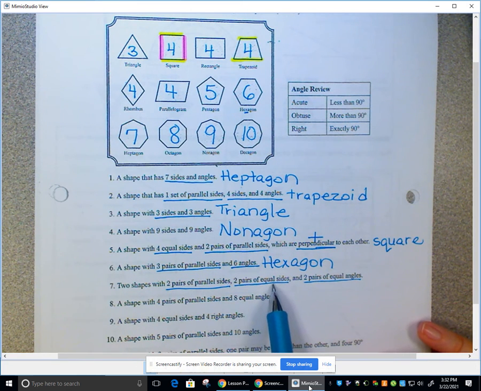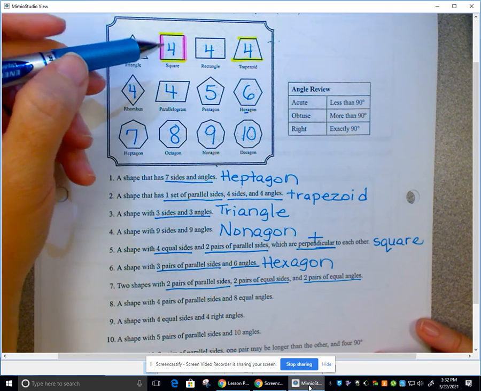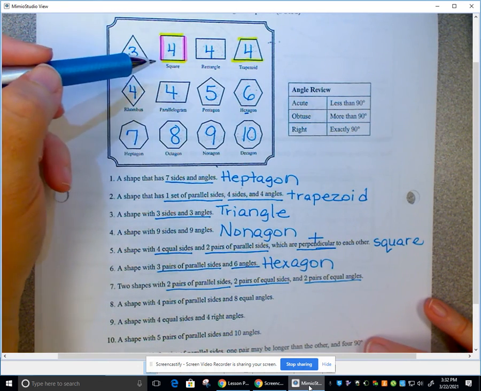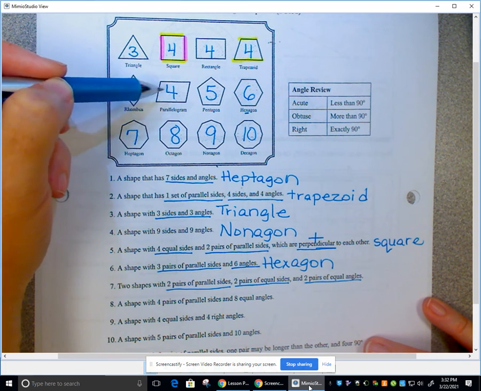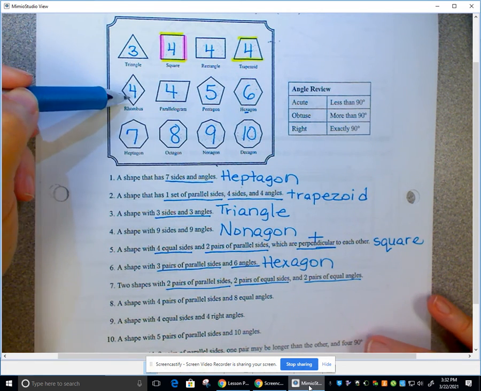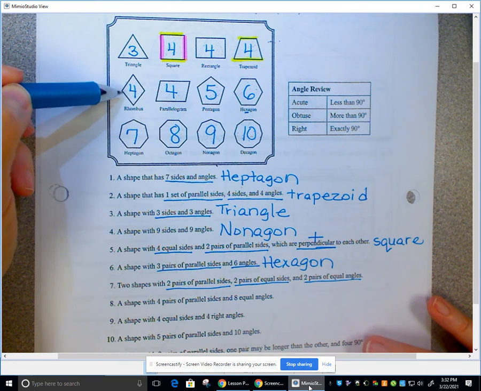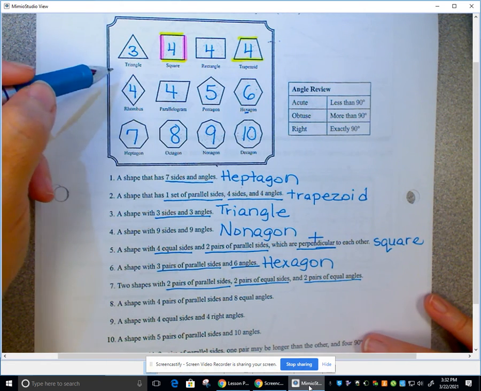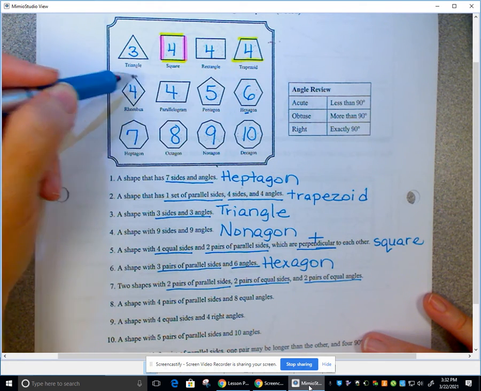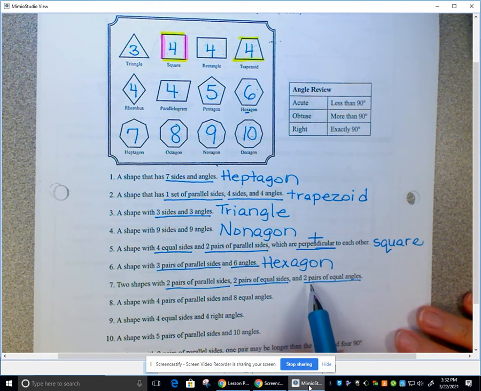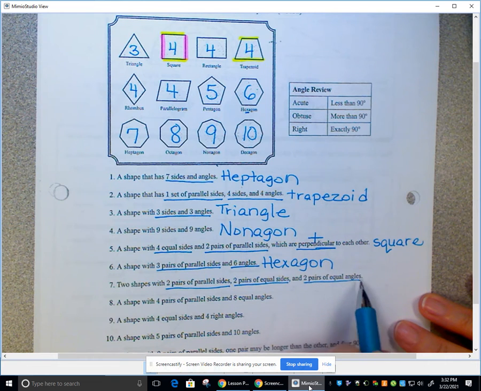2 pairs of equal sides. This side is equal to the length of that side. This side's equal to the length of that side. And a rhombus actually has 4 equal sides. But we can say this side is equal to that side, and that side is equal to that side. And then 2 pairs of equal angles.